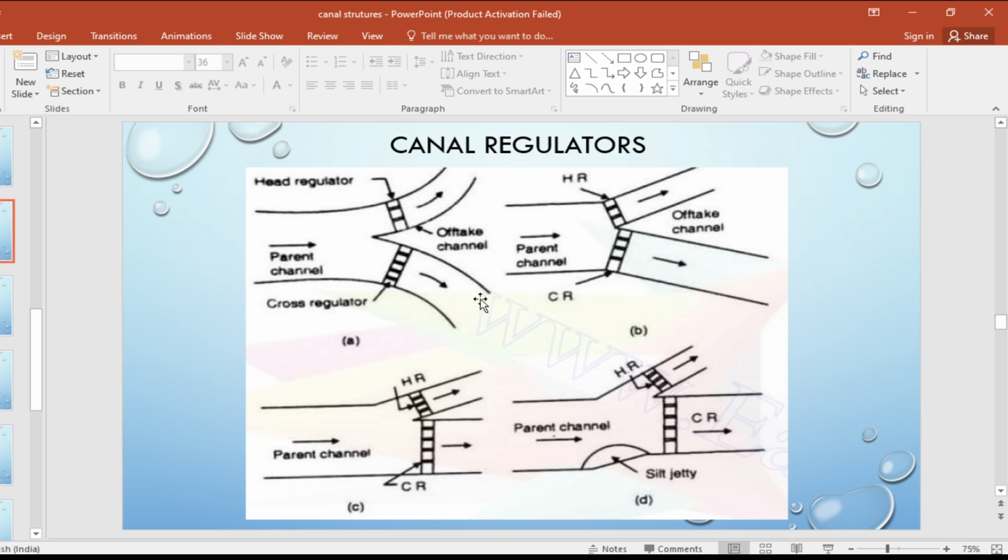First of all you can see here the basic concepts, that is parent channel, off taking channels, head regulator and cross regulator.